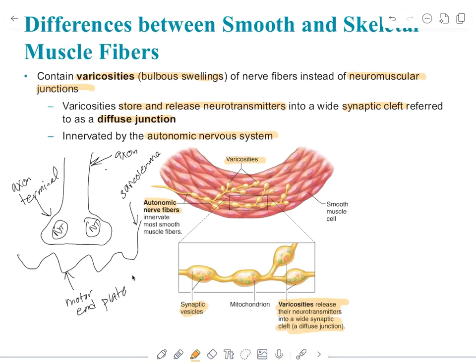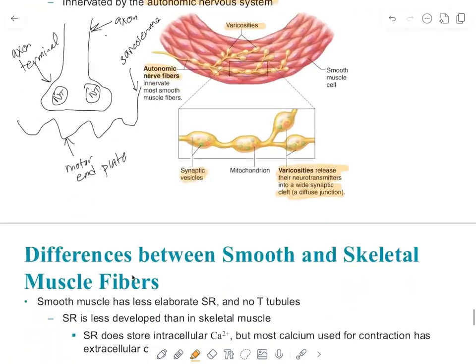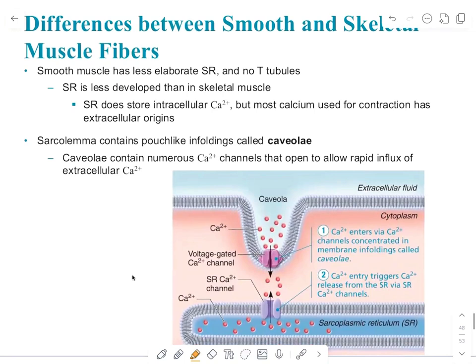So, for your upcoming exam, you're going to need to know the differences between the three different types of muscles. Another unique situation within smooth muscle is that they have a less elaborate sarcoplasmic reticulum and no T tubules.